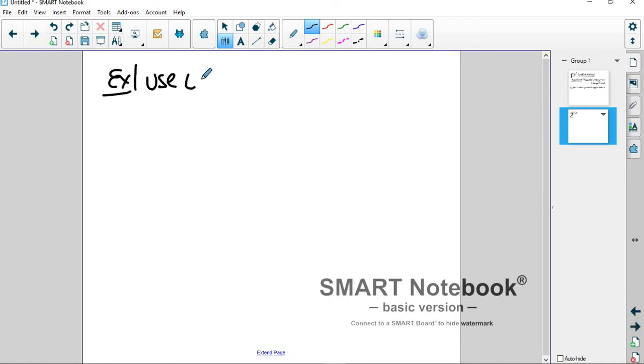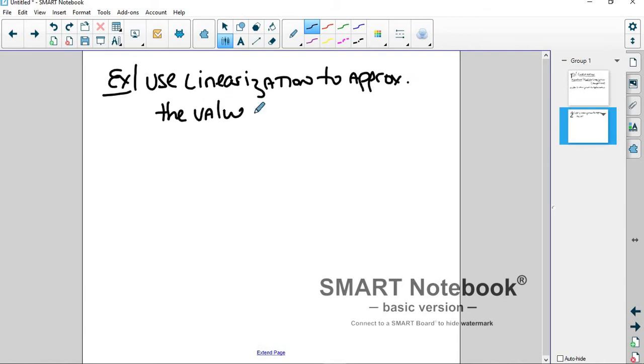So let me just give you an example here. Use linearization to approximate the value of the square root of 10. Well, how in the world am I going to do that? What's my function?